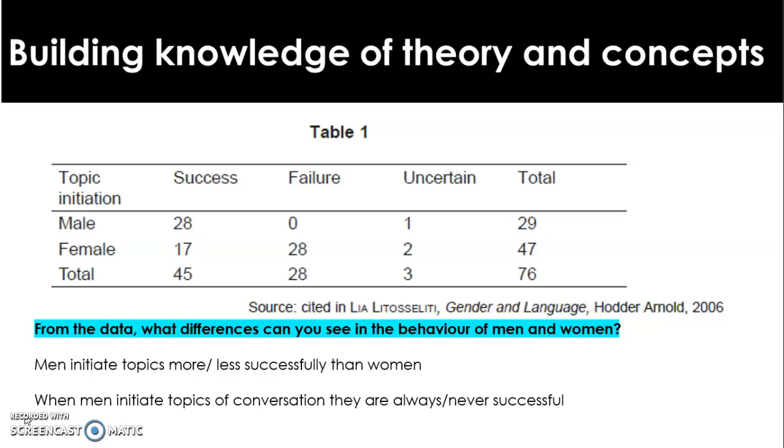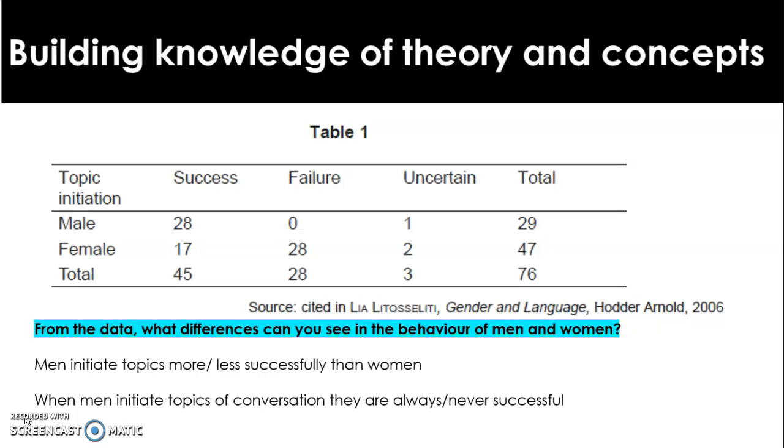The difference between male and female behaviour is that men are seemingly more successful at getting people to talk about what they want. Now let's look at this one. When men initiate topics of conversation, they are always or never successful. Let's have a look then. Men are successful 28 times and they never fail, according to this data, although there's an uncertainty once. So we could say when men initiate topics of conversation, they are always successful.